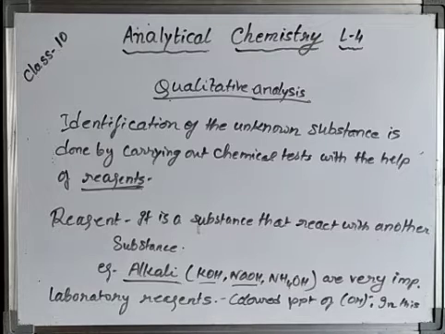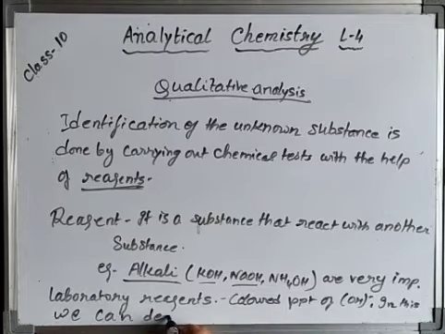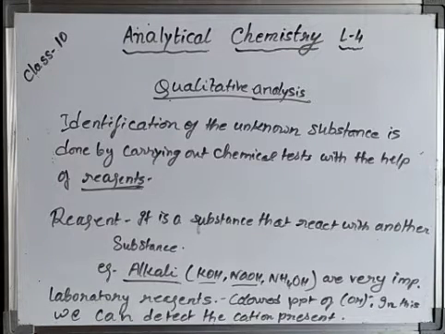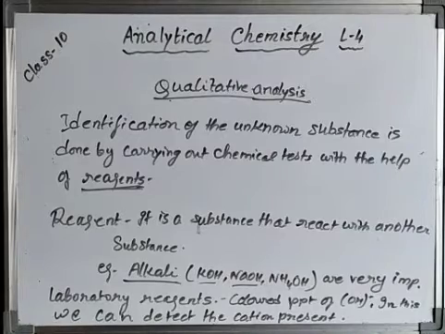So if I take copper, then copper hydroxide will come out, and copper hydroxide is a precipitate. So in this way we can easily detect the cation present. Now in this way we find that alkalis are very good laboratory reagents. It comes out as a colored precipitate of the metal hydroxide, so that when the precipitate comes out in the form of the metal hydroxide, in this way the metal can be easily detected in the form of cation.